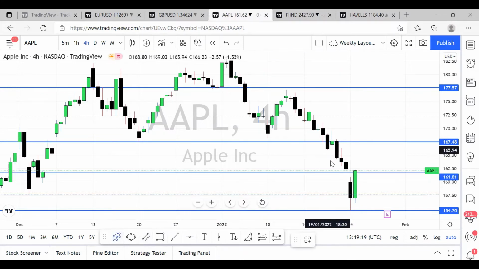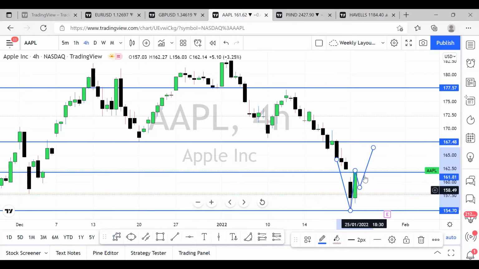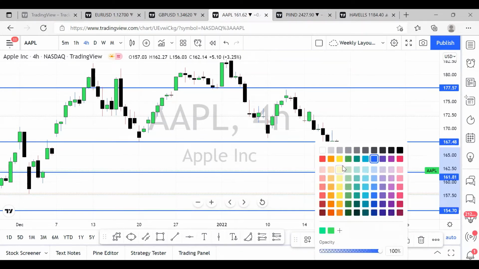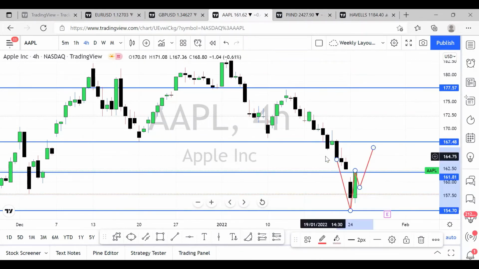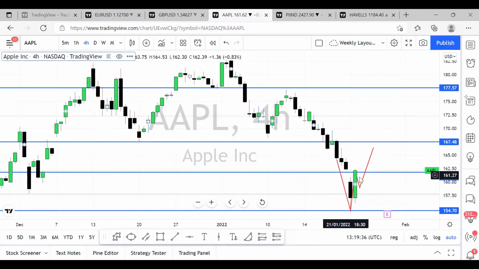So what we can do is see what happens after today, or even in the next couple of hours. What we need to see is more buying pressure from the bulls, so that it validates and confirms that the buy is on rather than sell.